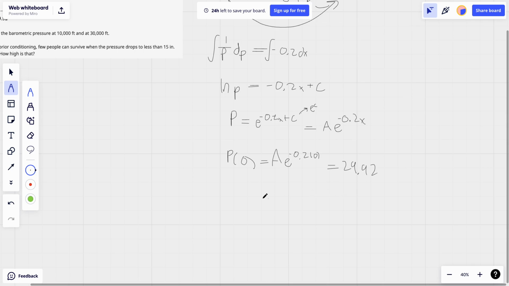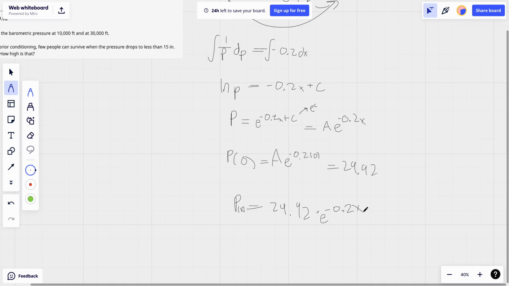So our final equation is p of x is equal to 29.92 times e to the negative 0.2x.